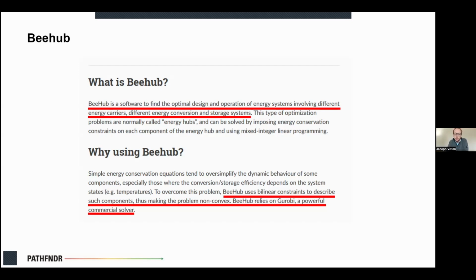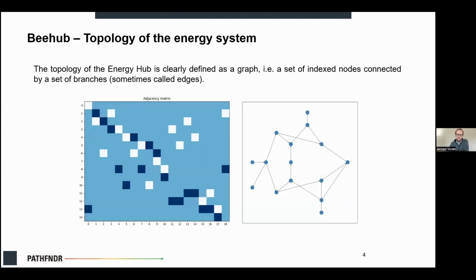To overcome this problem, we developed this new model that we call BHAB, that uses bilinear constraints to describe such components, thus making the problem non-convex. We use Gurobi as the underlying solver.